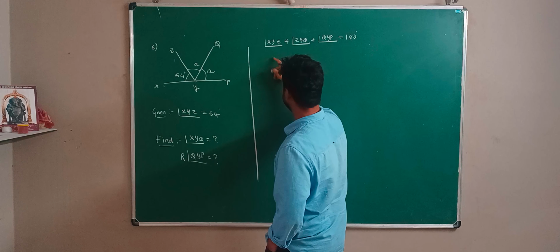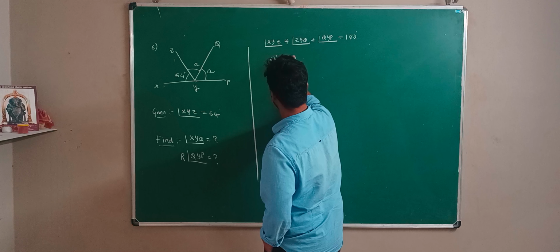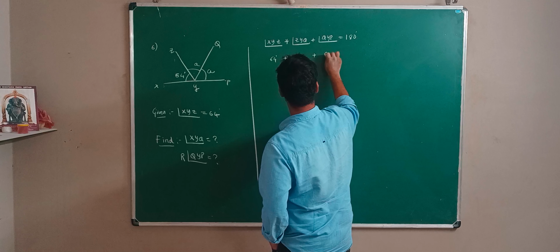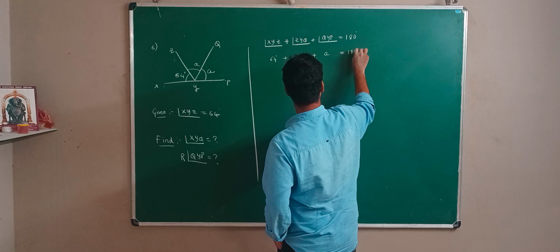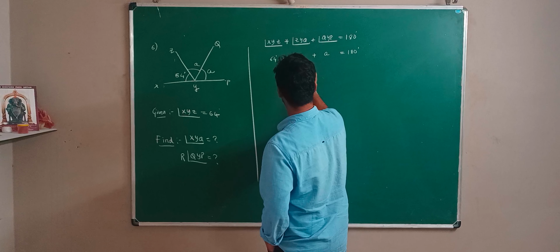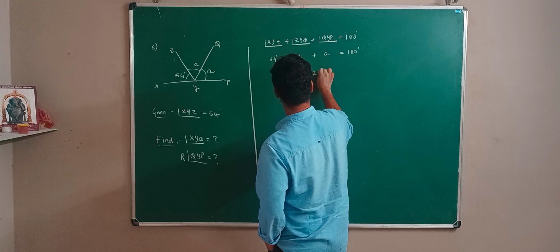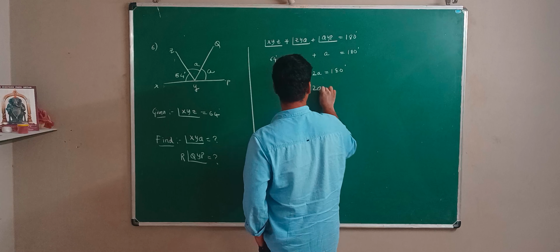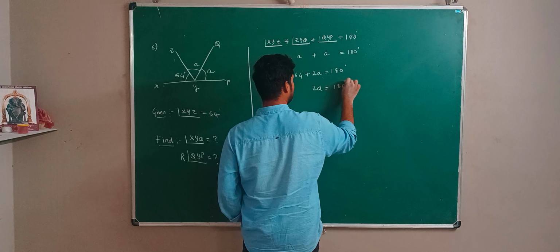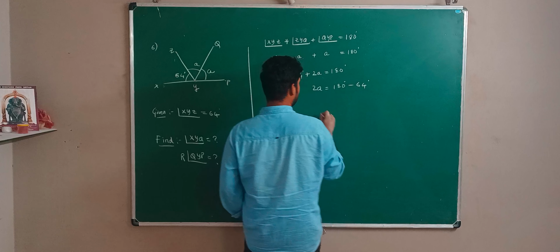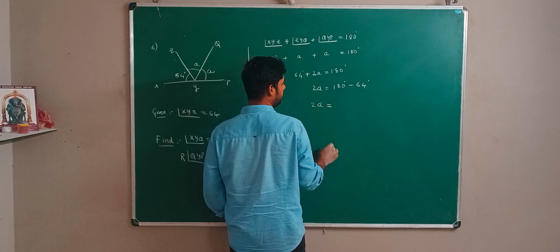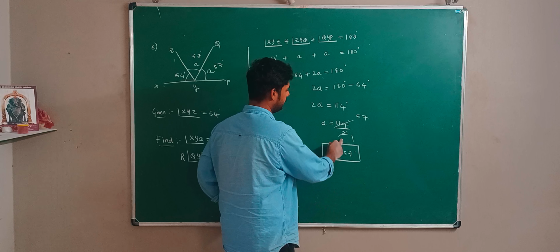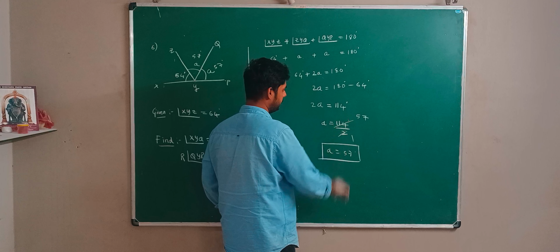How much is angle XYZ? 64 degree. 64 degree plus 2A is equal to 180 degree. 2A is equal to 180 minus 64. 180 minus 60, 120.